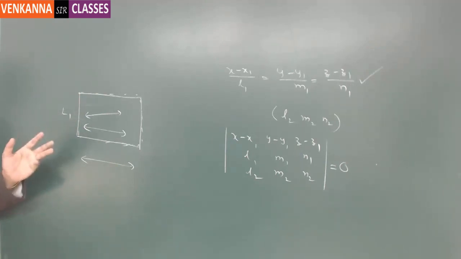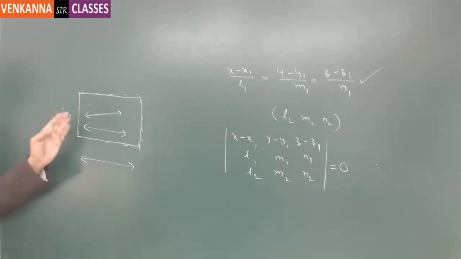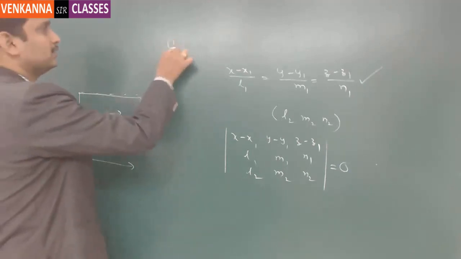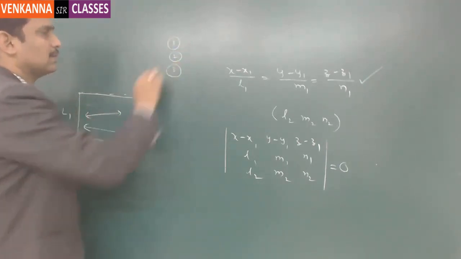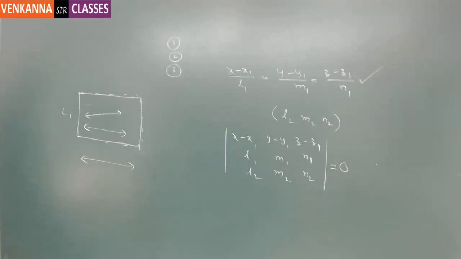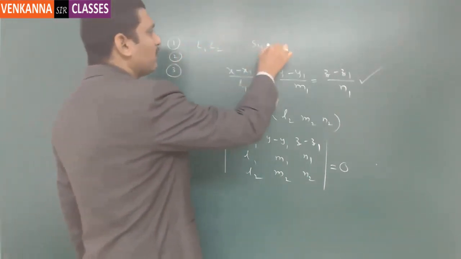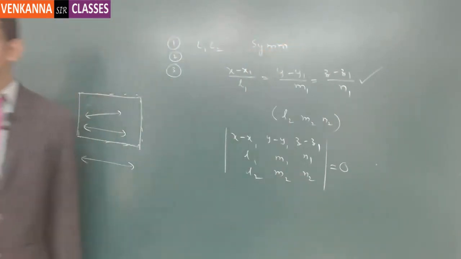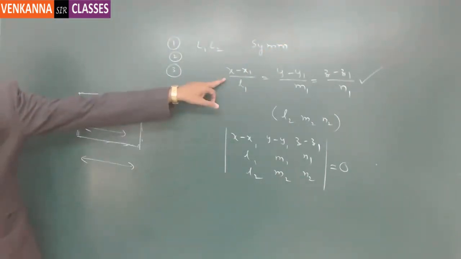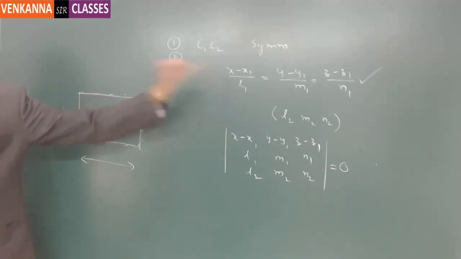And the other one is, if we discuss coplanarity, we need to consider three cases, as we are calculating the coplanarity between the lines. Since we have different representations for the lines, the possible cases are: I have considered L1 and L2 both in symmetric form. That means L1 is written in this model, L2 is also written in this model.